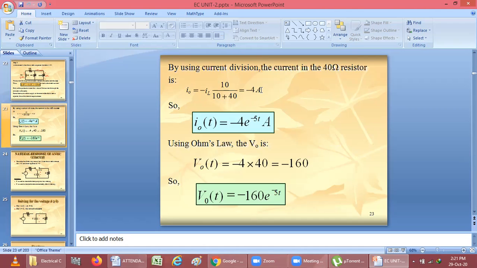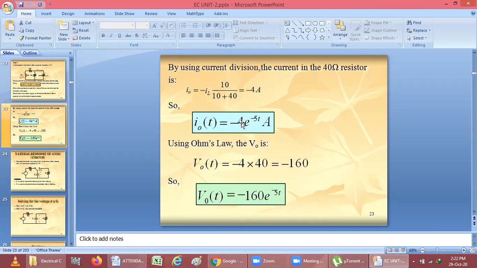But that current is because of only the resistor. What we have to do is calculate the value of current because of the resistor as well as the inductor. So we have the equation I0 of t, which is the output current for time t, equal to I into e to the power minus R by L into t.